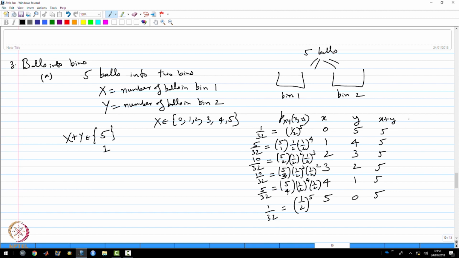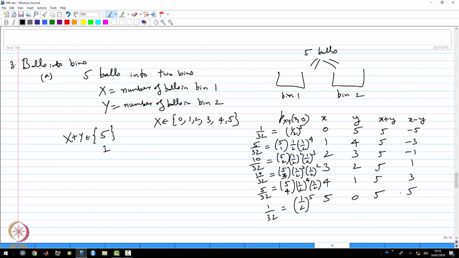What about X minus Y? That may not be the same. X minus Y can be a bit tricky. If you look at X minus Y, you have minus 5, minus 3, minus 1, 1, 3, 5. In fact, X minus Y is the same as X in some sense. It takes 6 different values, minus 5, minus 3, minus 1, 1, 3, 5.